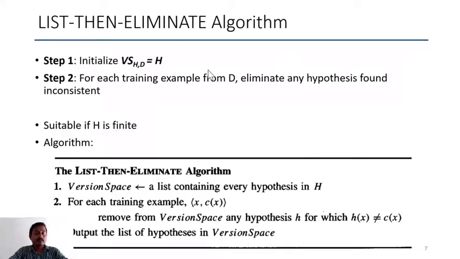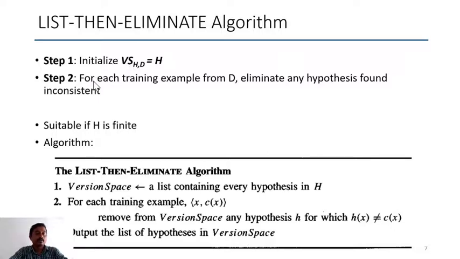From this version space concept, a very simple learning algorithm is possible, which is known as the List-Then-Eliminate algorithm. It is very easy. The first step is to initialize the version space equal to the hypothesis space, so all the hypotheses are considered in the version space.